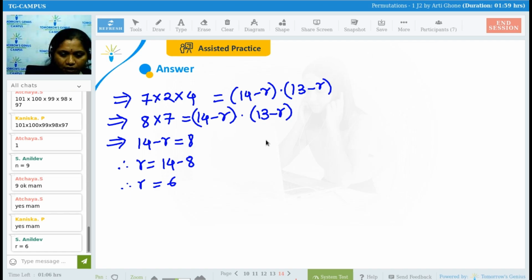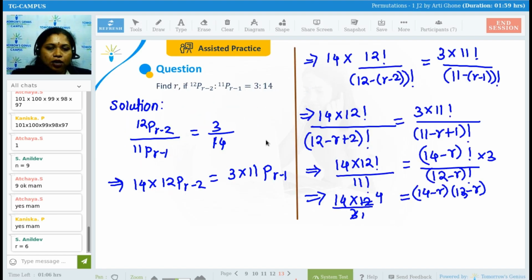See the calculations. These are the calculations for r. In the last example, we placed the calculations for n. That's why they look somewhat critical. Now, the reversible method is applicable over here also. First identity is 12P.